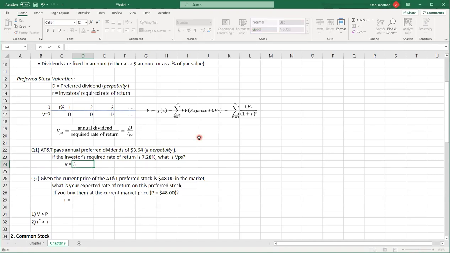So $3.64 divided by 7.28% gives you your value. So $50 is the intrinsic value of AT&T's preferred stock. It's easy, right?